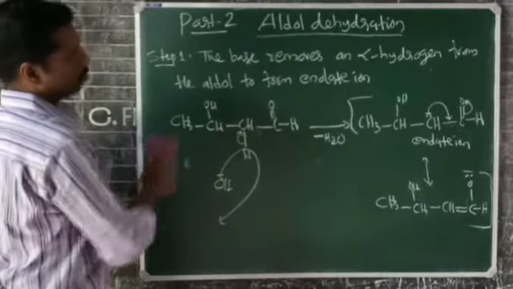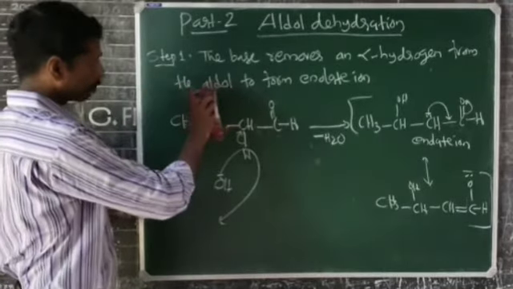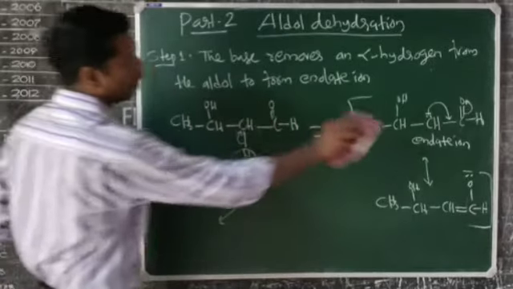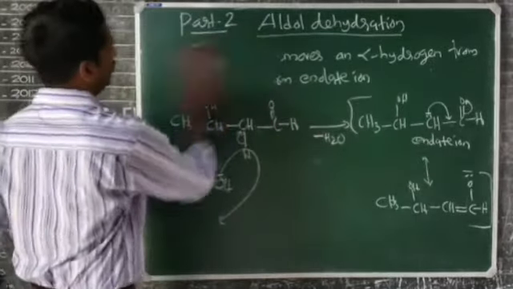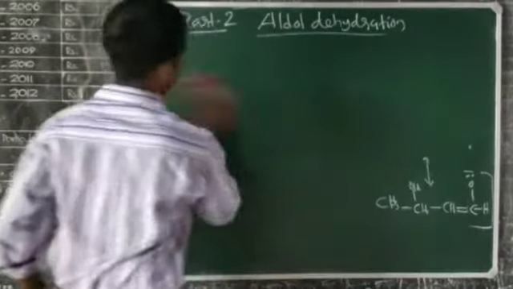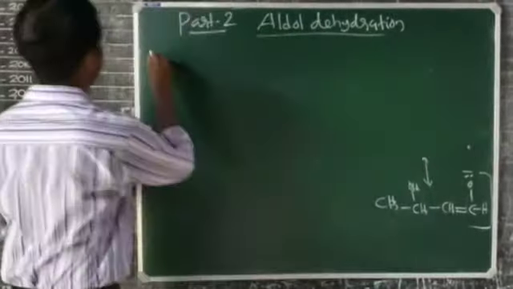Okay, step 2. So first step, the base removes an alpha hydrogen from the aldol to form enolate ion. Now step 2.